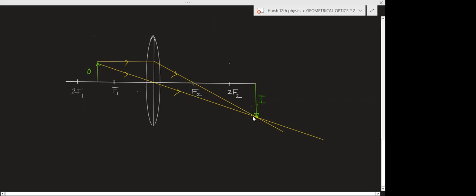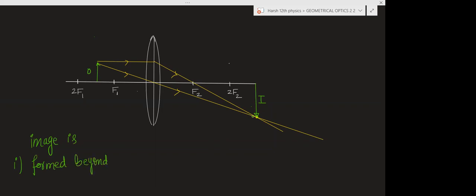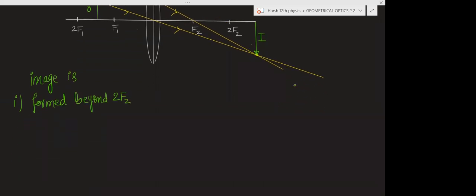Real and inverted, because the rays are actually meeting below the principal axis. So you can say the image is, number one, formed beyond 2f2. Number two, real and inverted.